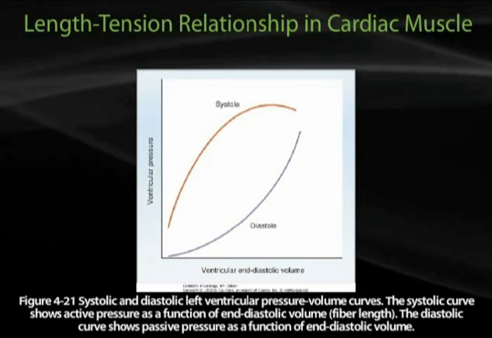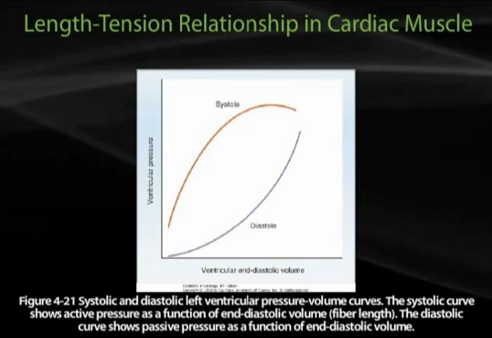The systolic curve shows active pressure as a function of end-diastolic volume, meaning as the left ventricle fills and relaxes, it's able to generate a certain pressure. So as the graph moves to the right, you get more end-diastolic volume in the left ventricle, and based on the end-diastolic volume, the ventricle is able to generate a certain pressure or tension during systole.